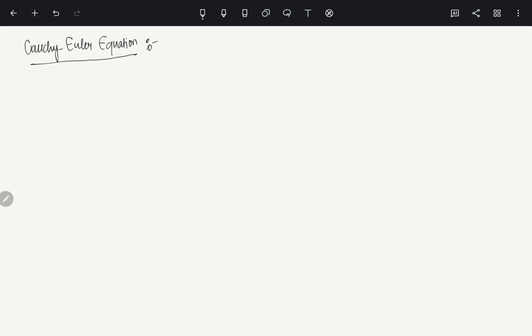Essentially we are looking for any equation of the form x square y double prime plus a x y prime plus b y equals 0, right? And here I am assuming x is positive. Clear? Then basically this sort of equation we call a Cauchy-Euler equation.